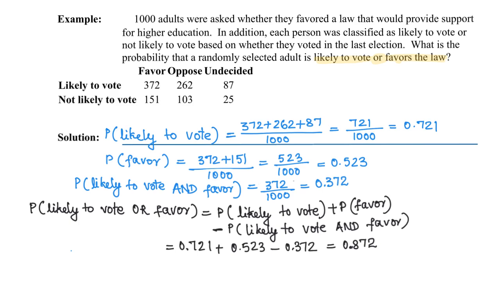So first, circle the numbers that correspond to the people who are either likely to vote or who favor the law. Favors is the first column, likely to vote is the first row. Then add those numbers.